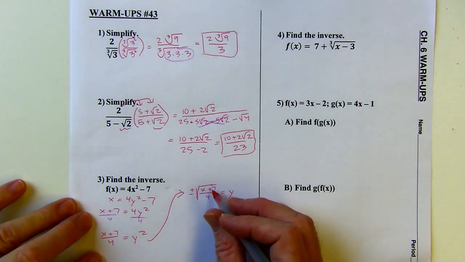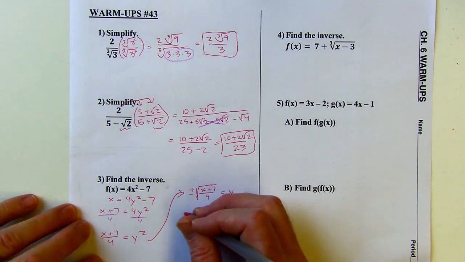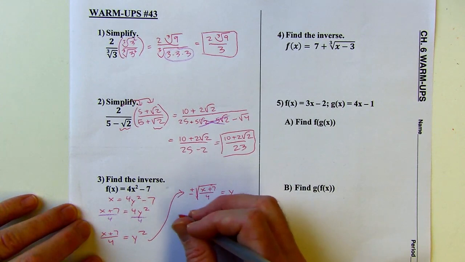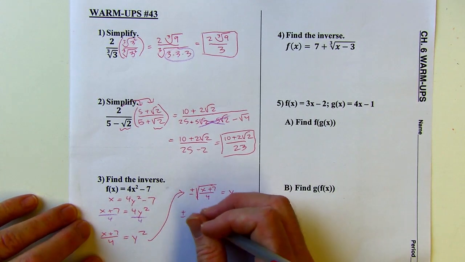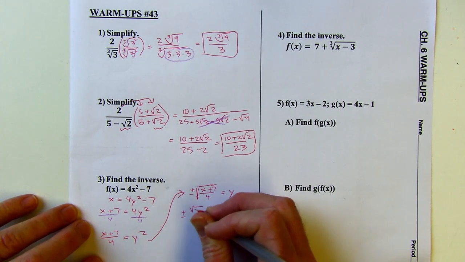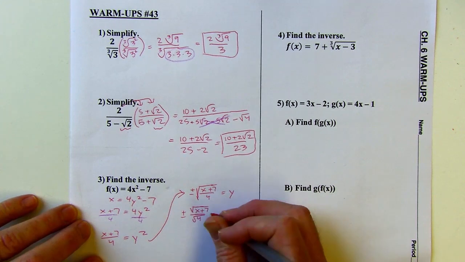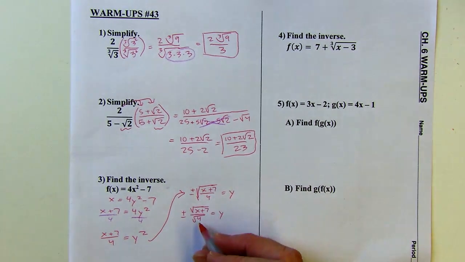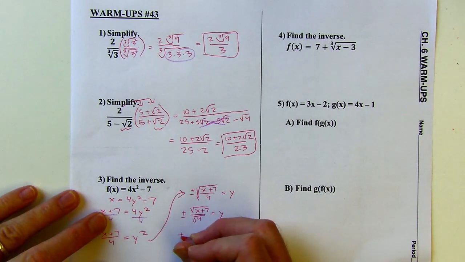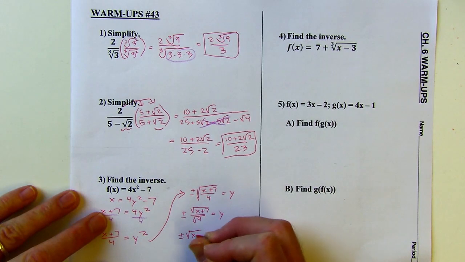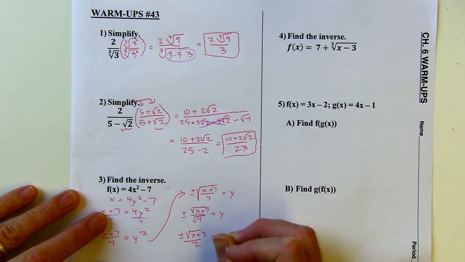You could also split the radical into top and bottom. So we could write this as that, and then hey, root 4 is just 2. So you could write it like that as well.